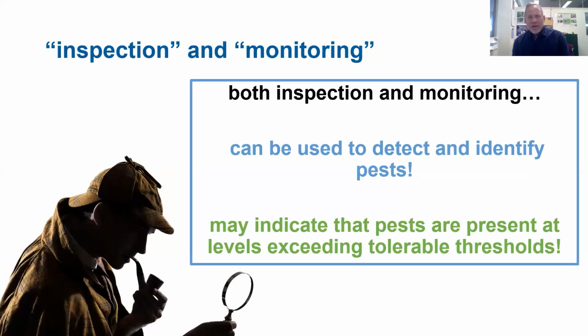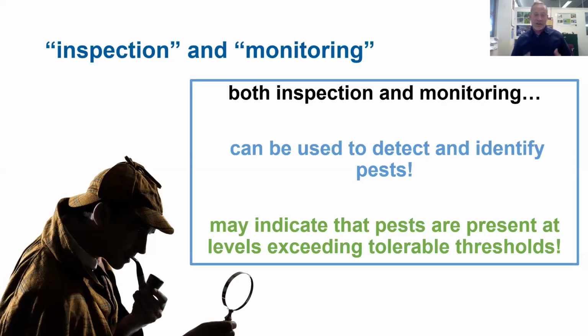Both inspection and monitoring are used to detect and also identify pests. We need to identify the target pest species in order to correctly and effectively implement pest management. We can also use both of these processes to tell us whether pests are present at levels that exceed our thresholds.